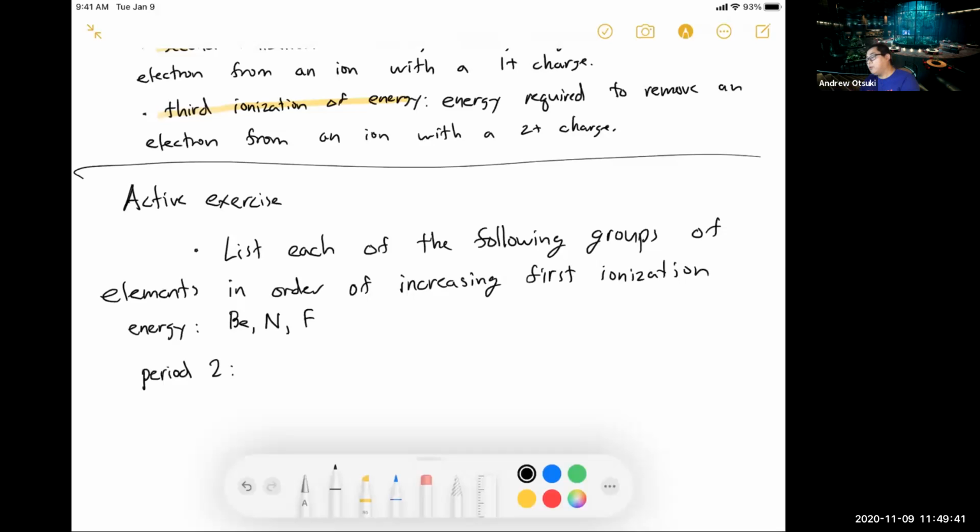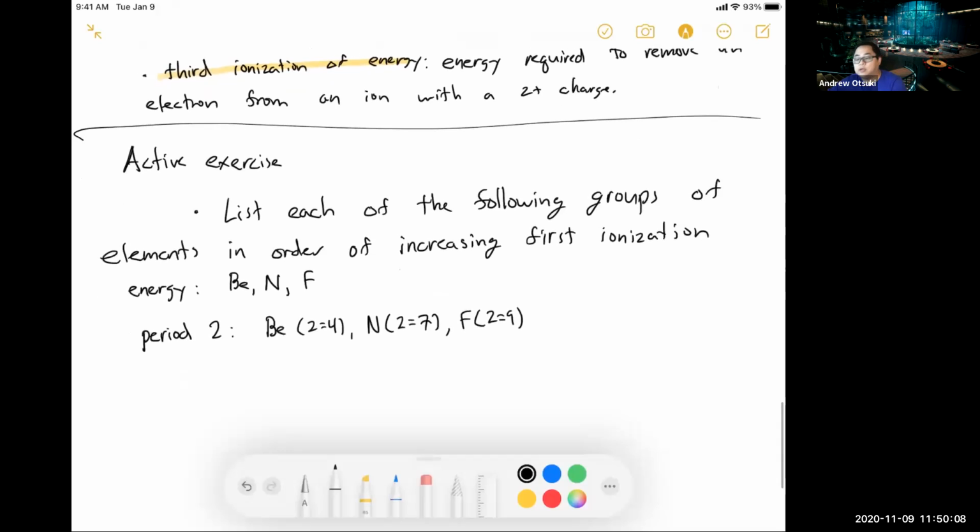We know beryllium is across the periodic table in the second row. Beryllium is Z equals 4. Nitrogen is Z equals 7, so use your periodic table. And fluorine is Z equals 9. As we see, they're in the same row.